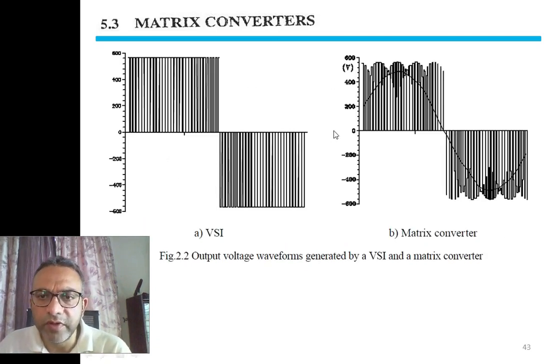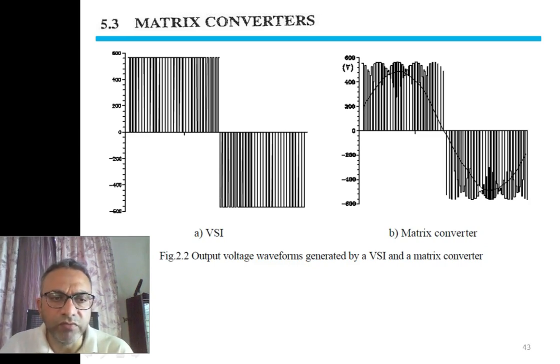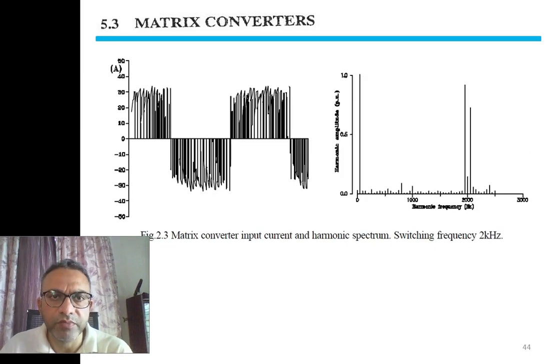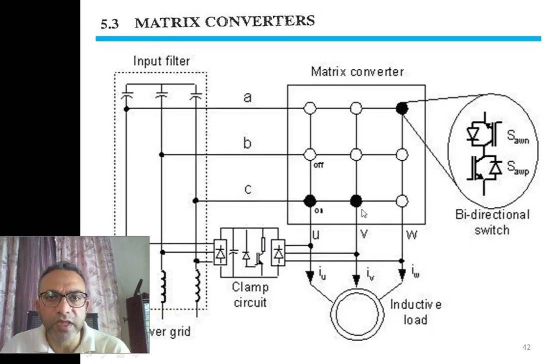Now we will take the matrix converter and apply FFT to see the frequency spectrum. This is the output of the matrix converter, and this is the frequency spectrum. We can observe that there are harmonics over here which have to be eliminated, and these harmonics are eliminated with the help of, if we can go back, this input filter.